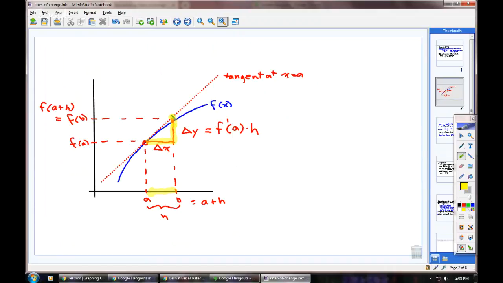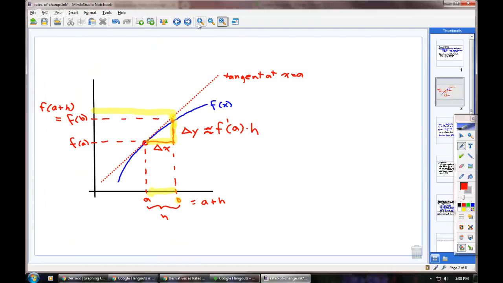Now notice in this case, the tangent line value at b is a little bit higher than the actual function value. If it was curving a different way, it could be a little bit lower. It just kind of depends. But that change in y, here I have it approximately equal to f prime of a times whatever h jump we take.